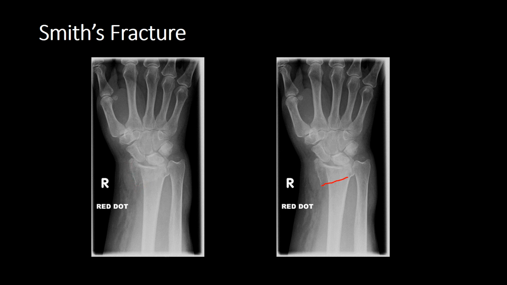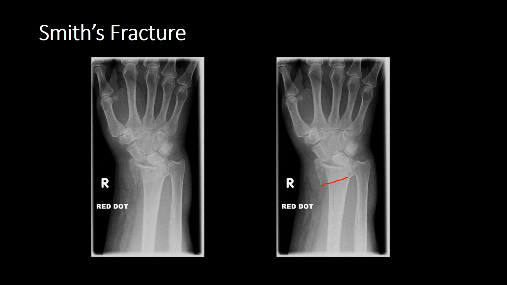The DRUJ should lie at the same level as the radial articular surface. If on a normal wrist view where there is no fracture fragment, the head of ulna projects distal to the distal radial articular surface, then we refer to this as positive ulnar variance.